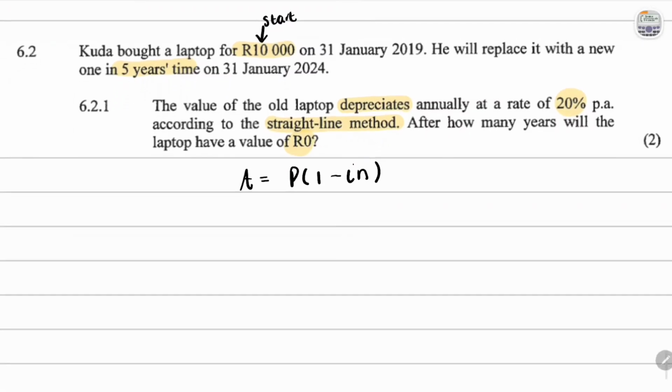And we want to find out what happens when the laptop ends up being this price or this value. So A is 0, that's the ending point, and the starting is 10,000. And then we are saying 1 minus, and our interest is 20%. So we can say 0.2 or 20, that's fine.